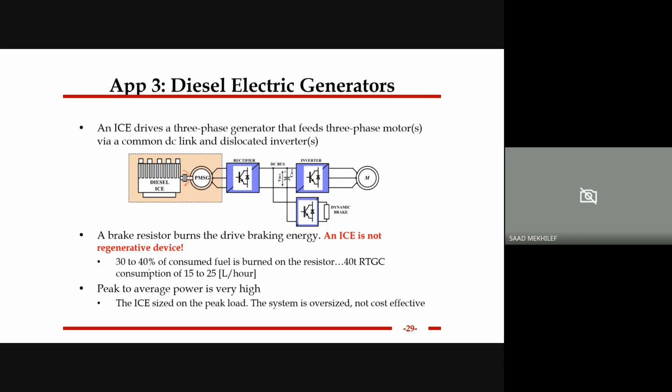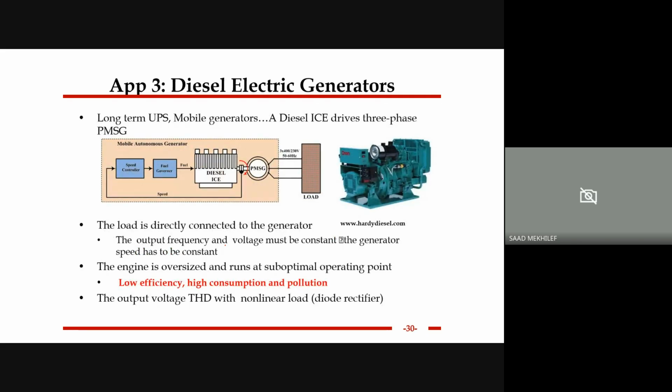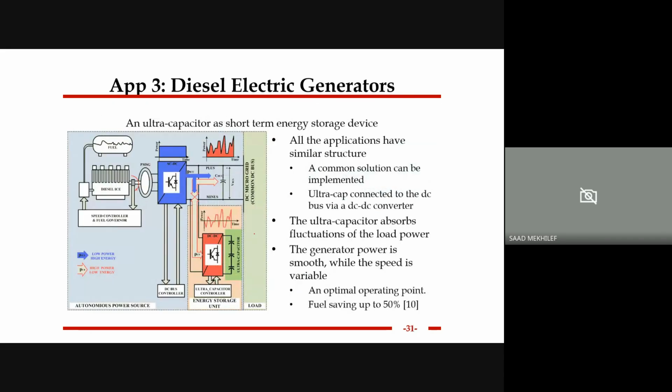So 30 to 40% of consumed fuel is burned in the resistors, meaning it is converted to heat, and 20 to 30%, which is a consumption of between 15 to 25 liters. So one way is to incorporate storage.